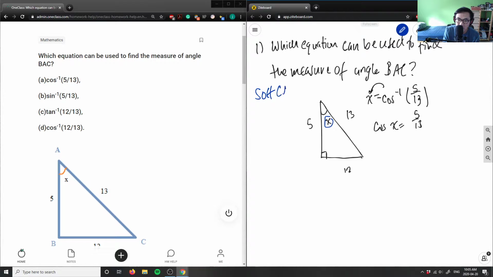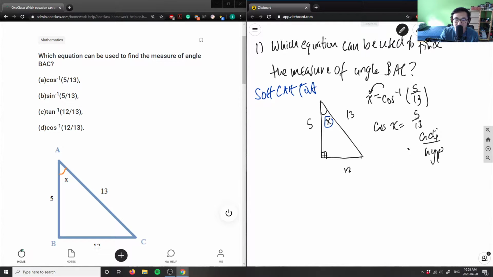Sine is opposite over hypotenuse, cosine is adjacent over hypotenuse, and tangent is opposite over adjacent. So this would be adjacent over hypotenuse, which in this case is our answer. By verifying 1, this is the correct answer.